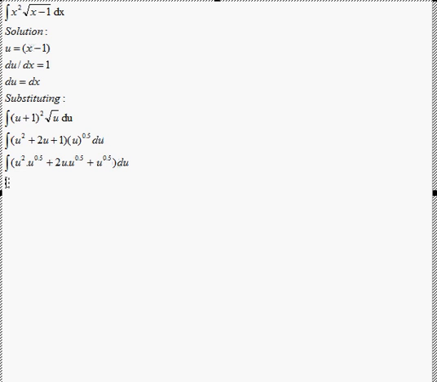Now we know from algebra that if the bases are the same, we can add the powers. So it would become u power 2.5 plus 2u power 1.5 plus u power 0.5 and du.